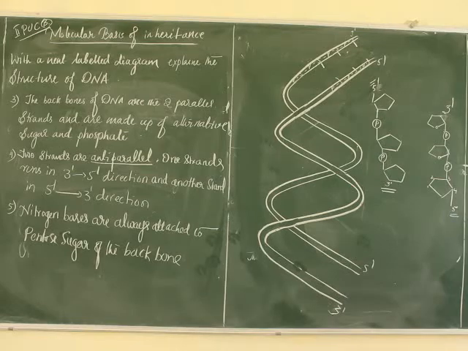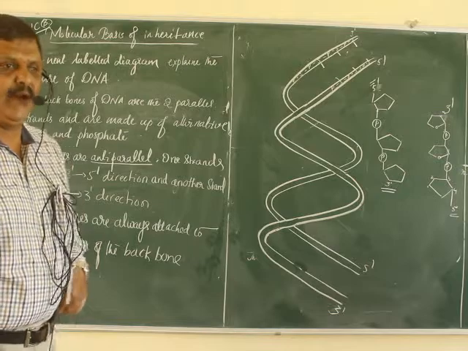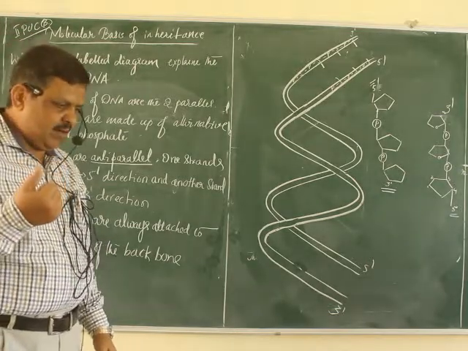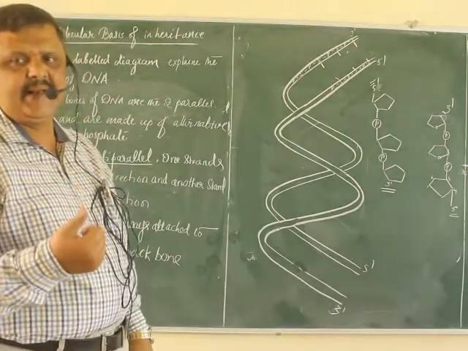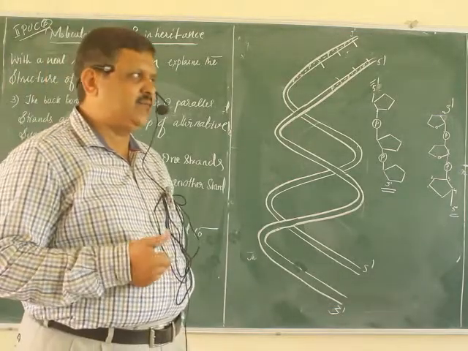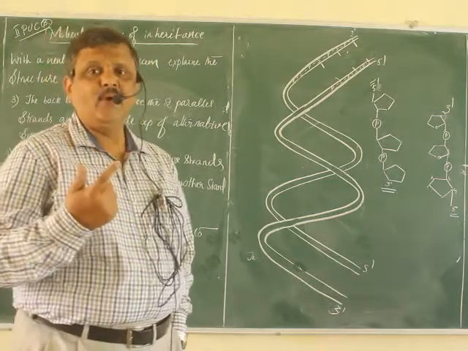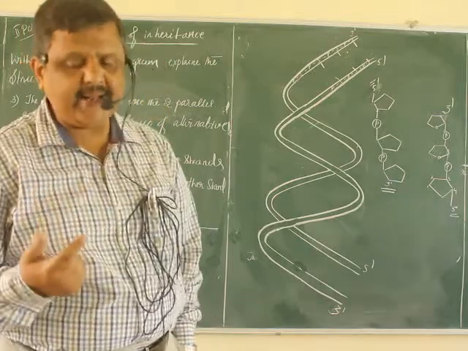Okay, now we studied the following important points with regard to DNA. One is Frederick Miescher, who discovered a chemical substance called nuclein in the pus cells. Second point is Watson and Crick, who gave the model of DNA.